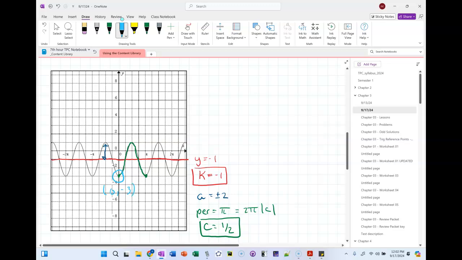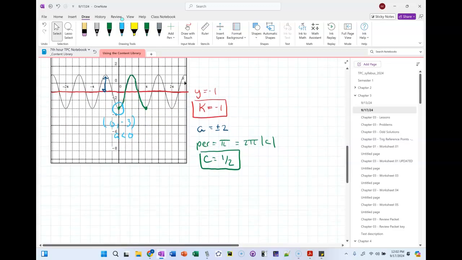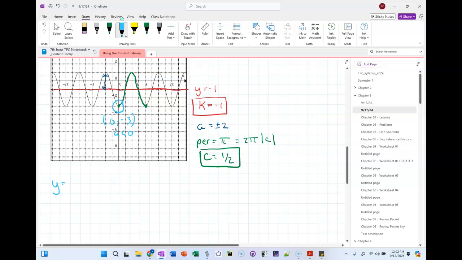So that's a minimum, so that tells me the a is negative. So my cosine answer will just be y equals, well, the h is 0. Maybe I'll write that down. y equals -2 cosine of 1/1/2, so the reciprocal, that's just 2, minus 0, plus k.